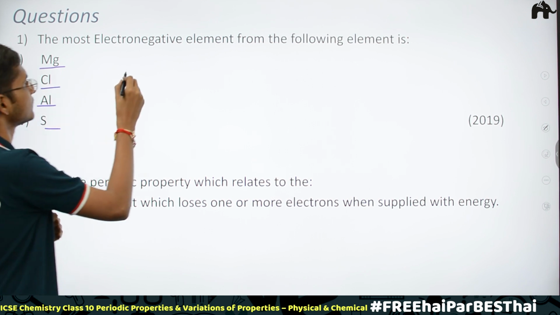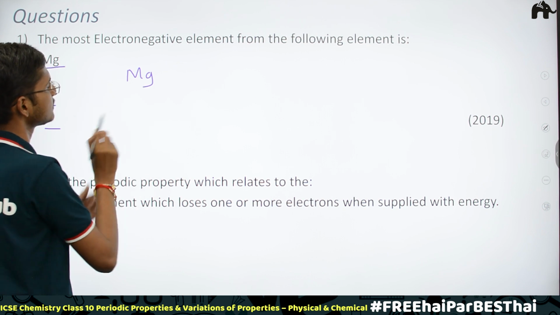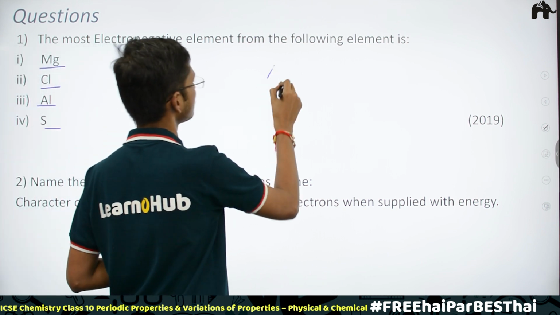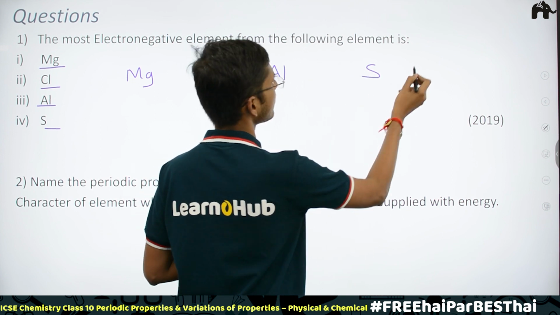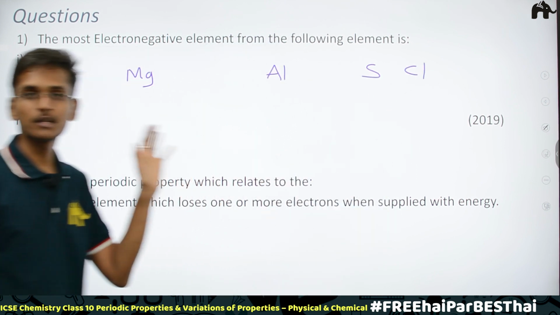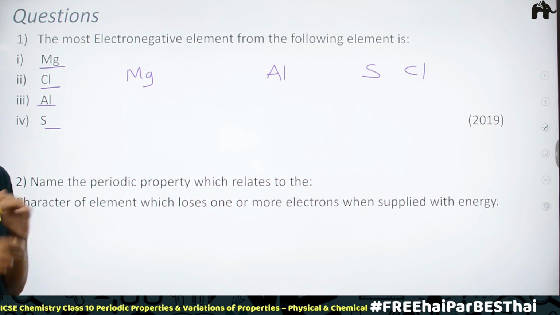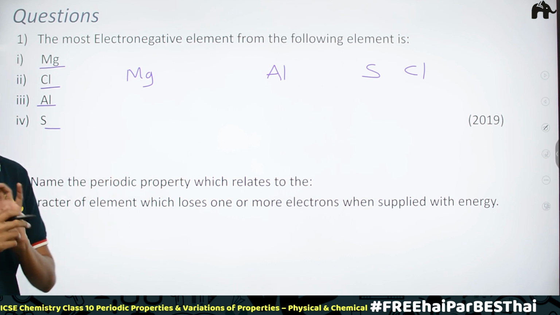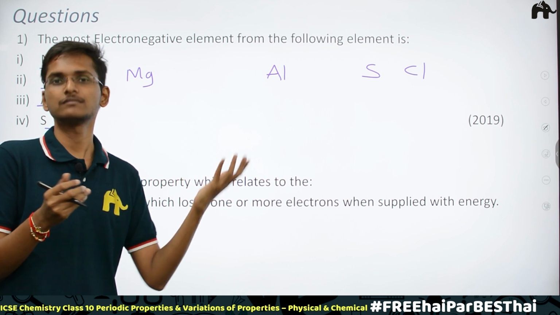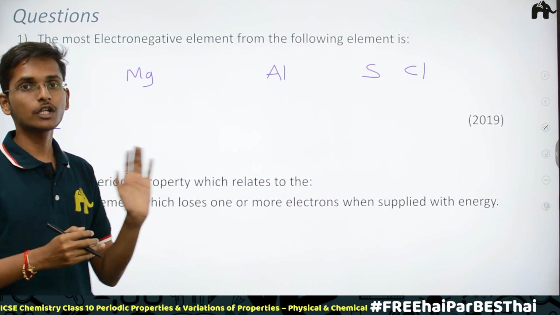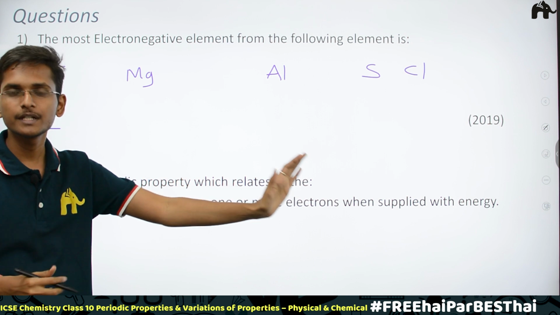So let's try to arrange them. Sodium, magnesium, then after magnesium comes aluminum, then silicon, phosphorus, sulfur, and after sulfur there is chlorine. Now which is the most electronegative element? Very easy to find out. We know the trend of electronegativity, we just have to apply it. Since these belong to the same period, we apply the trend of a period. What happens to electronegativity when we move from left to right in a period?